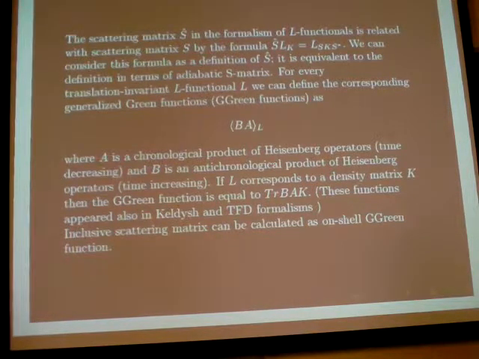You take the anti-chronological product of Heisenberg operators denoted by B, then the chronological product of Heisenberg operators denoted by A. And after that, you take the expectation value of this product of B and A in the state described by the L functional.